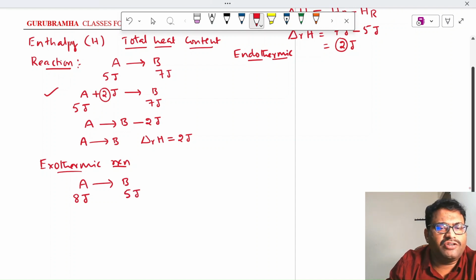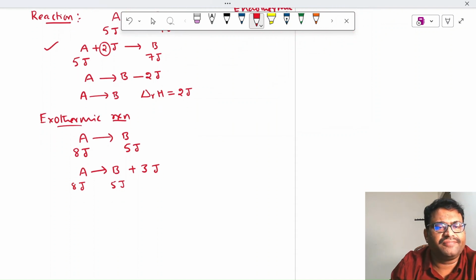A having 8 joules of energy, when converted into B, has lost how much energy? A gives rise to B plus 3 joules of energy. 8 joules, 5 plus 3, 8 here. Are you getting this? So this is one way of writing an exothermic reaction.